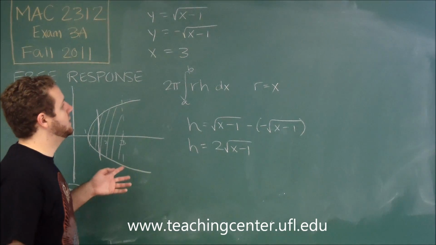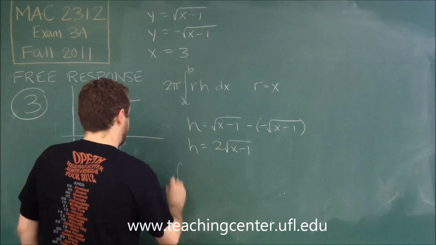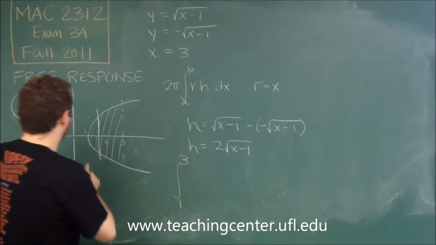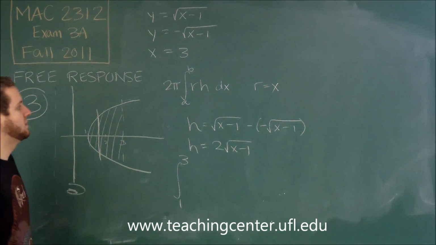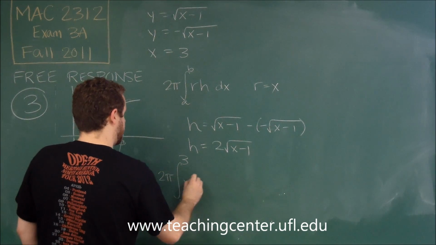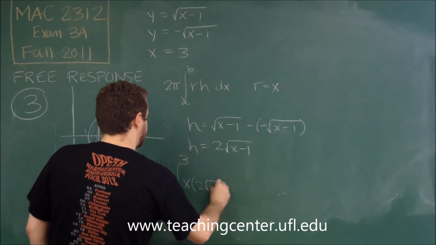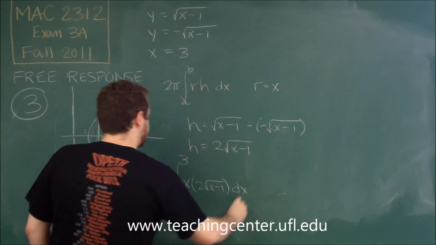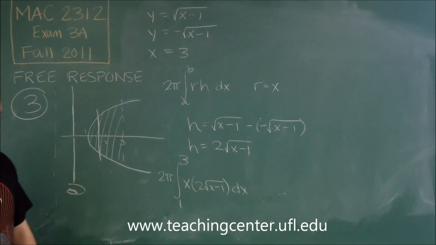So now if we plug everything in, our integral becomes, going from 1 to 3 for our x, 2 pi, x, and 2 root x minus 1 dx. And that's the integral that we need to compute.